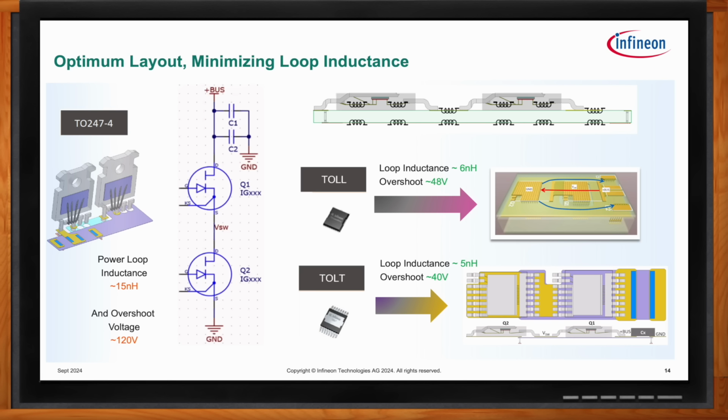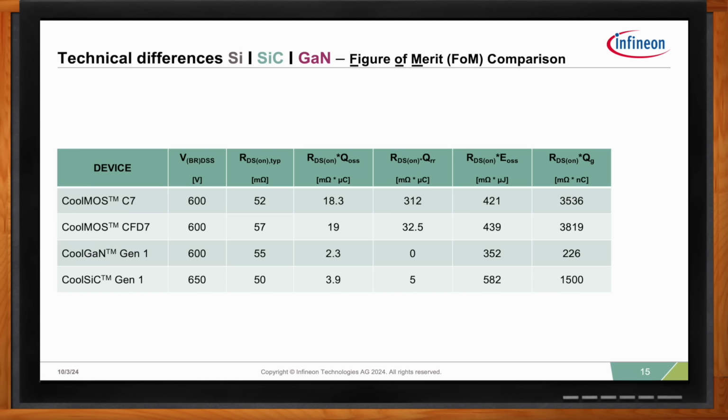Okay, so considering the availability of silicon, GaN, and silicon carbide devices on the market today, how do you decide which one is the best fit for a specific application? The best method is to compare like device characteristics from each technology.